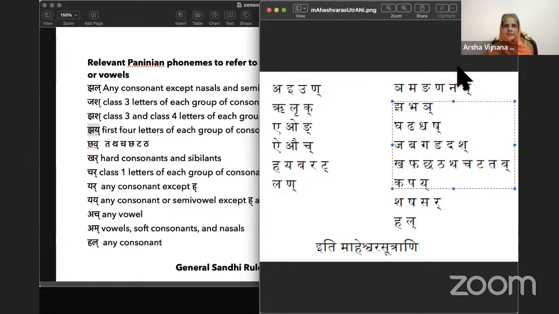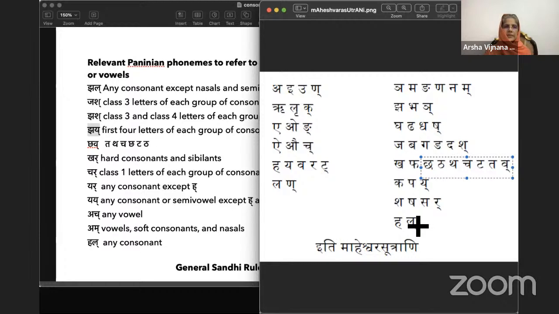It's first 4 letters of each group of consonants. Yes. Jhai. And then Chav. Can you locate Chav? Not second, not all of them.